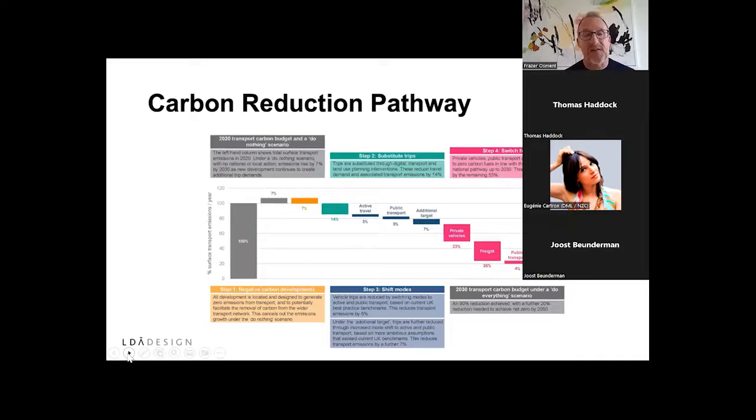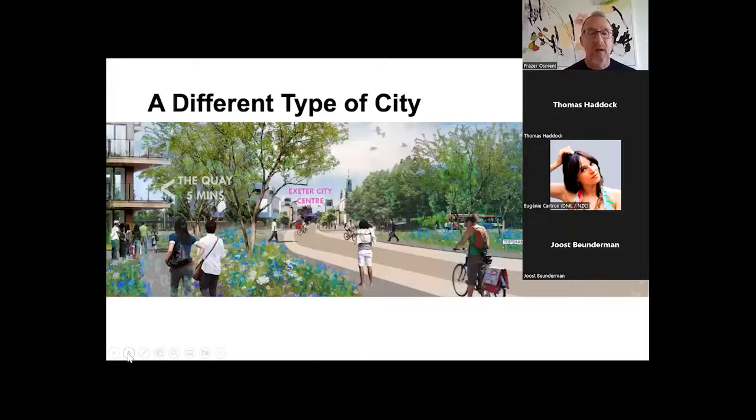If you go to the next slide, what that really meant for us is that each of those interventions, we realized, weren't just about making a minor adjustment to a particular technology, for example our public transport, or how we park our cars, or how we move around the city.